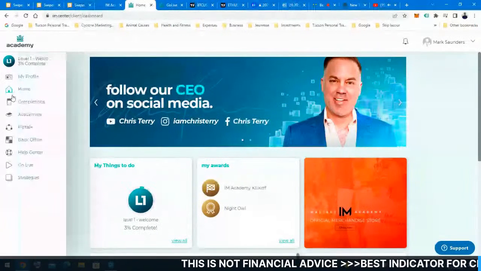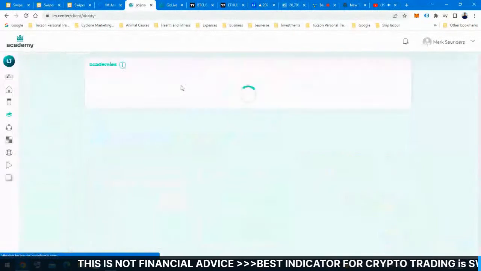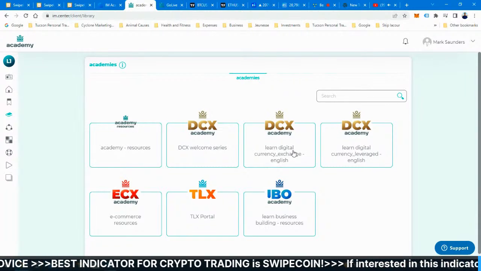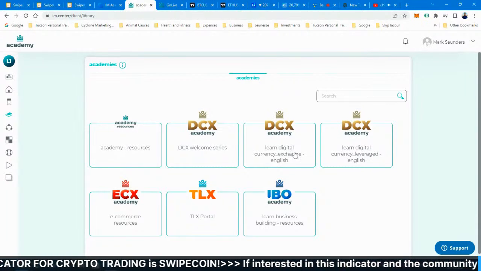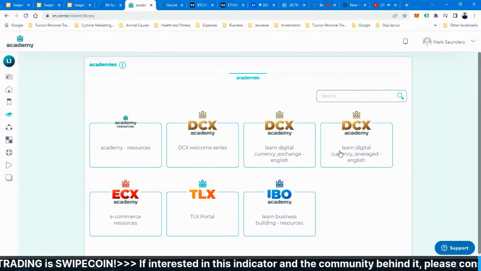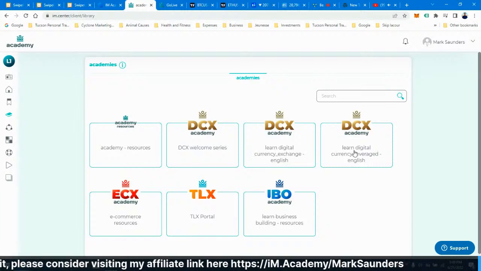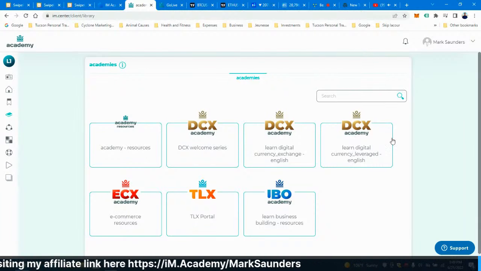You actually have academies that walk you through step-by-step basics on exchanges, like Coinbase or Kraken. And then they have a whole academy on leverage, like what it means to leverage trade, and it educates you from start to finish on that.